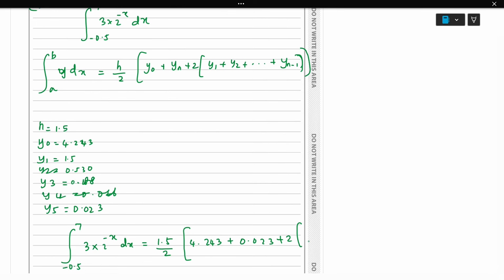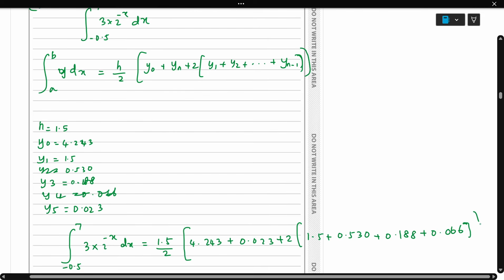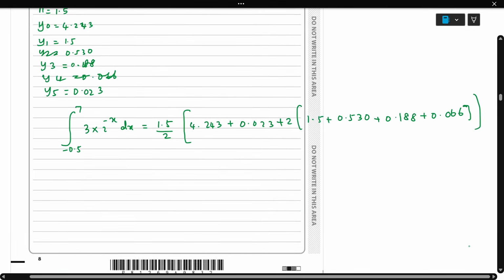The values are 1.5 plus 0.530 plus 0.188 plus 0.066.